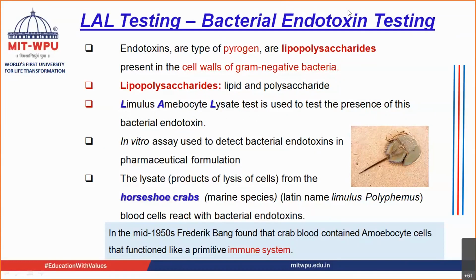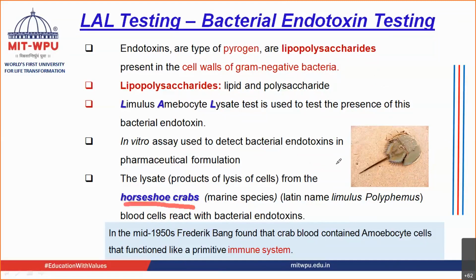It detects the presence of pyrogen in your formulation, but here you don't use any animal directly. Indirectly, what is in use is the blood of this animal, which is a horseshoe crab.